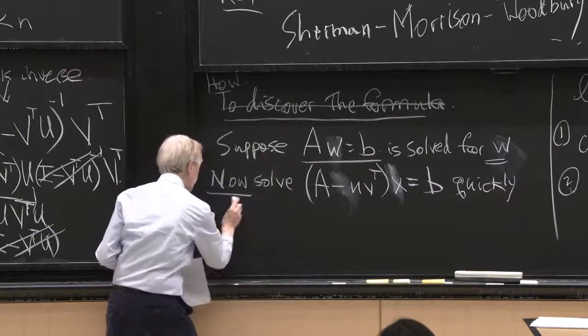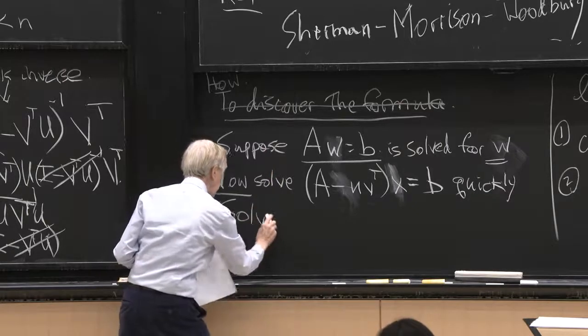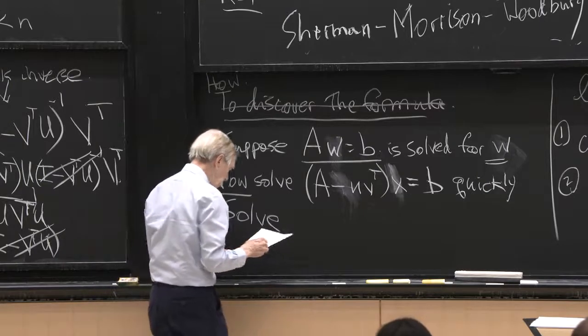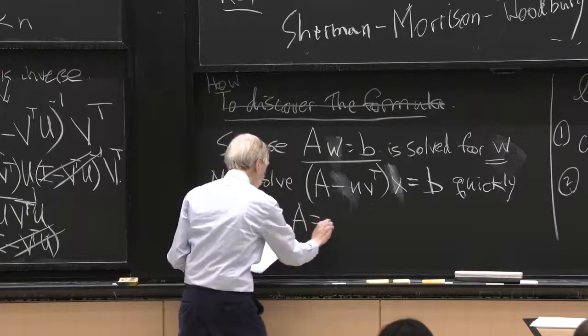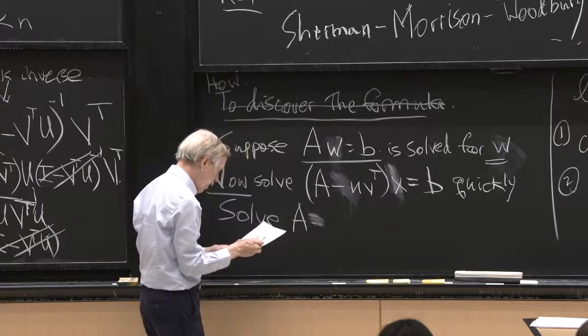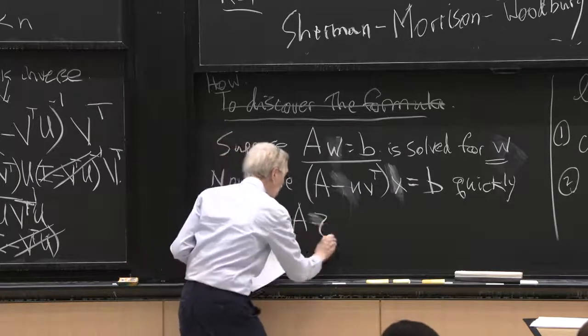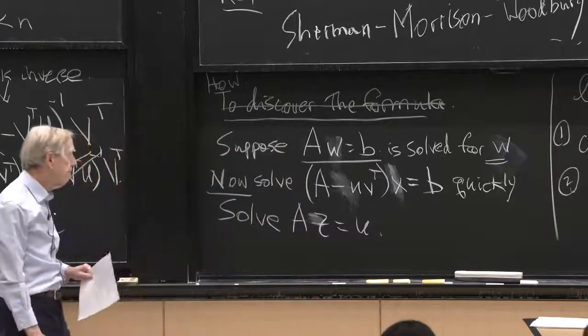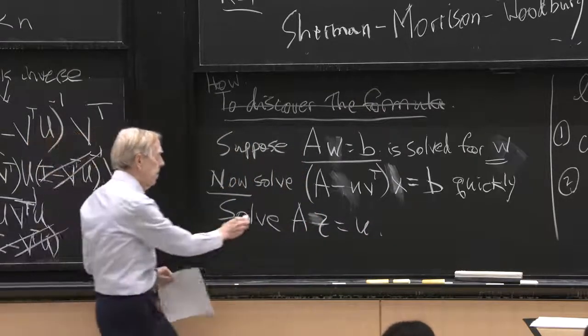I've solved that one, and I'm going to also solve a second problem with the same matrix A. A times, what shall I call the unknown? Z equals U. So this is my problem.